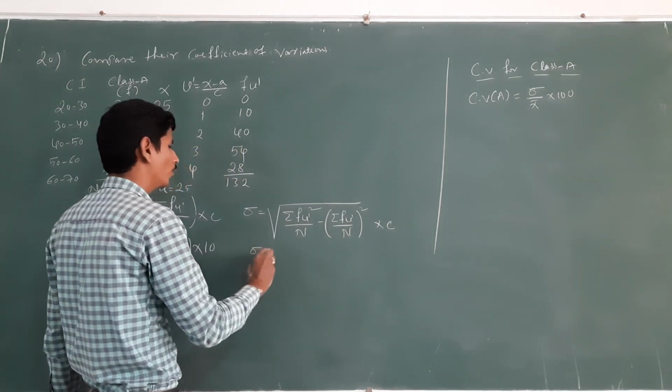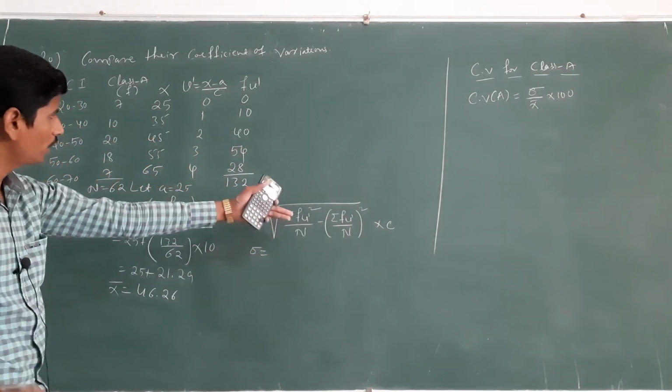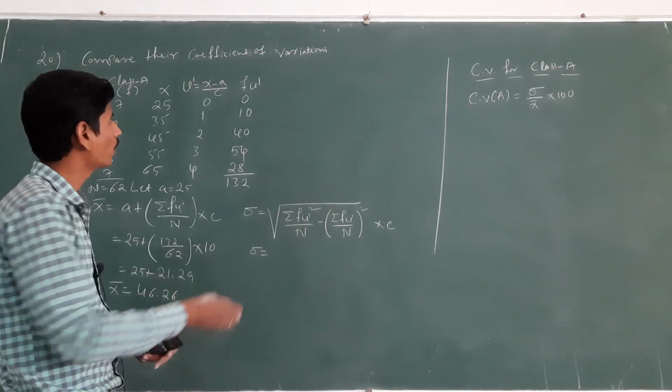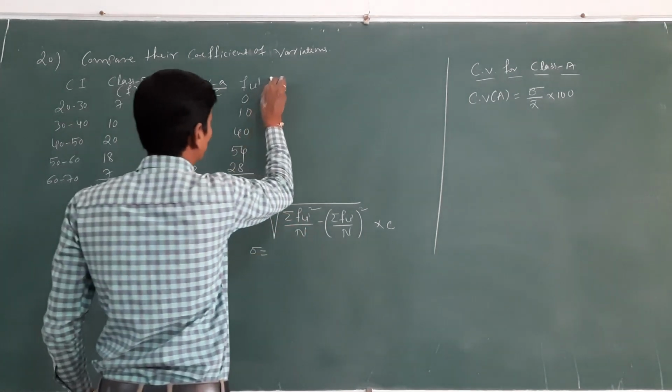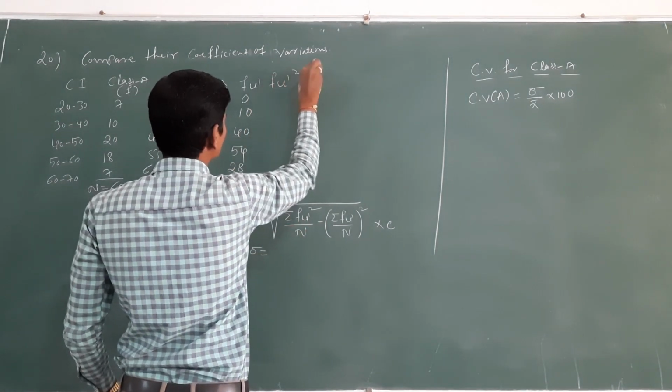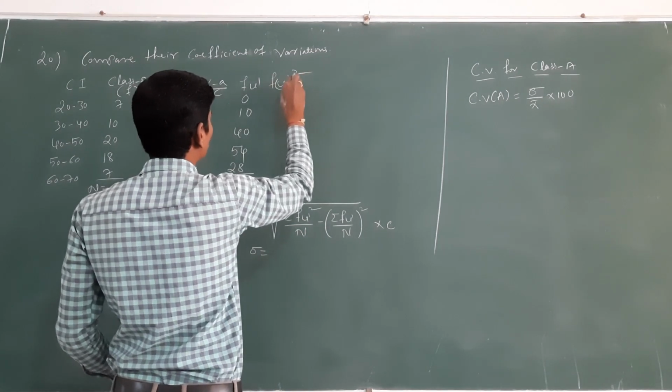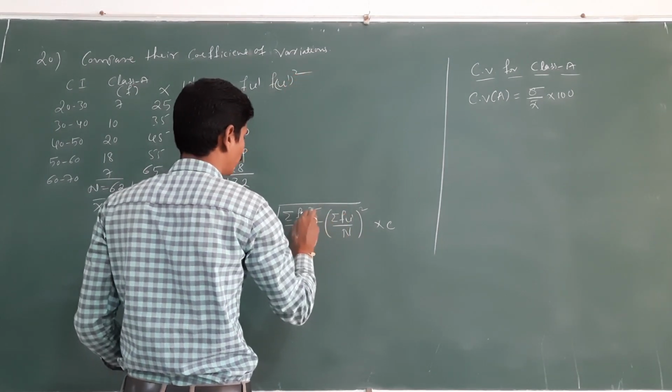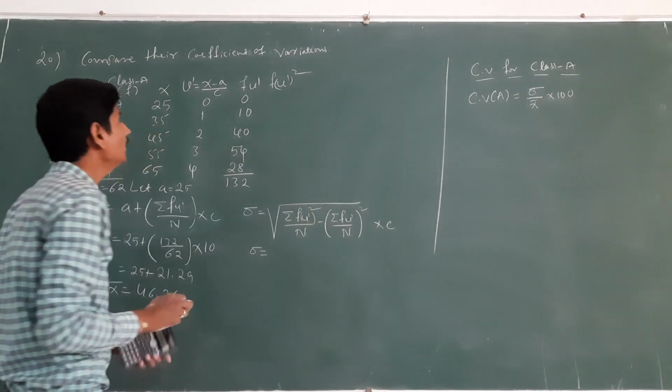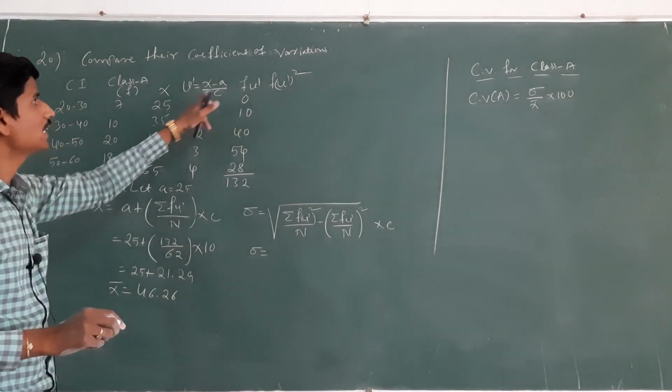Then we have to find, okay, fu dash value is already calculated. Next we have to calculate fu dash square. Here fu dash into u dash is the fu dash square.